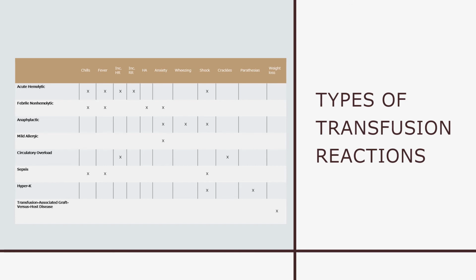So with transfusion associated graft versus host disease, just like with transplant, where the body is now rejecting the organ, the body is rejecting the blood. But this isn't going to occur immediately. This can happen weeks after the transfusion, even months. They may not have any symptoms during the infusion or immediately after of any of these other signs, but they're going to come in with fatigue and weight loss, and just not feeling well.